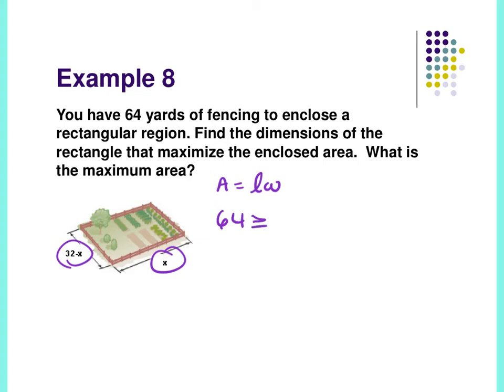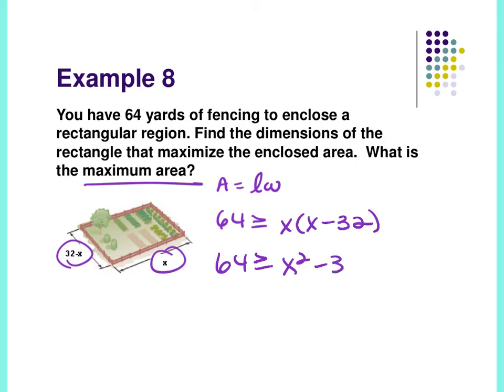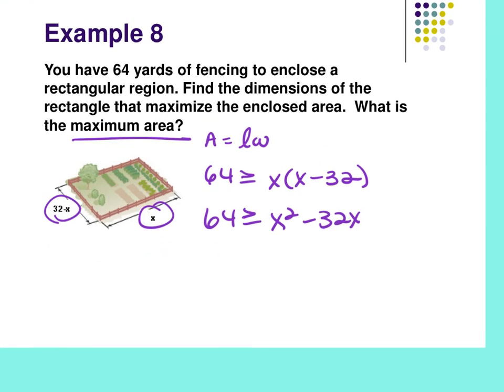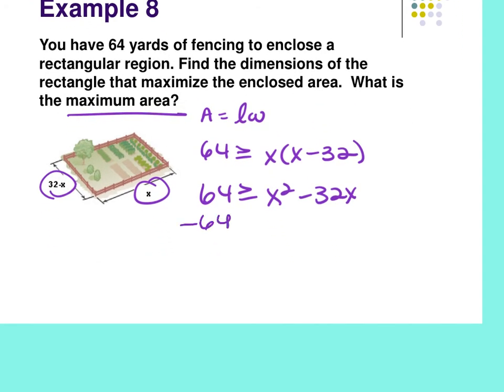Because I can't go over it. So maximum area means it's got to be that or less than that. And it would be x times x minus 32. So I'd get 64 greater than or equal to x squared minus 32x. Then I would move the 64 to the other side, okay? And I'd get 0 is greater than or equal to x squared minus 32x minus 64.